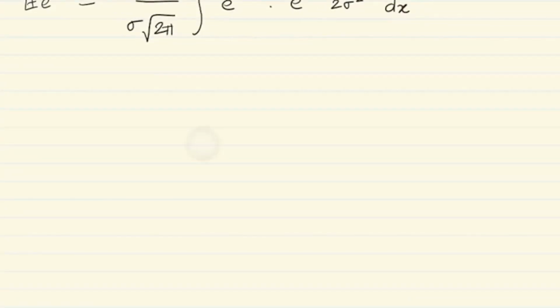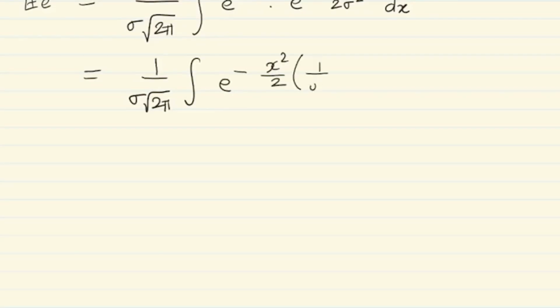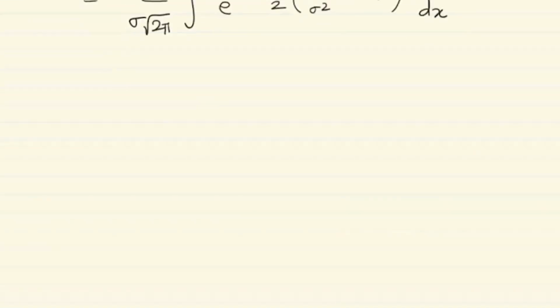This is just equal to 1 over sigma root 2 pi integral e raised to minus x square by 2, collecting terms, 1 over sigma square minus 2 lambda dx outside. And you can convince yourself that if the exponent of the integrand turns out to be positive, then the answer is infinity.